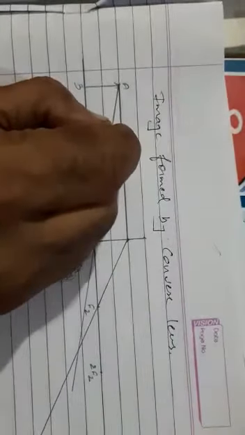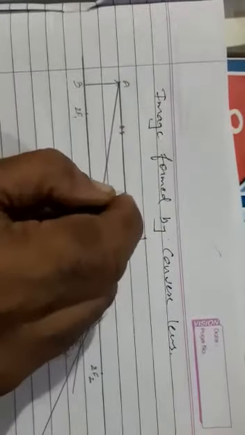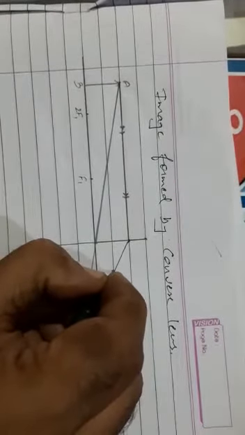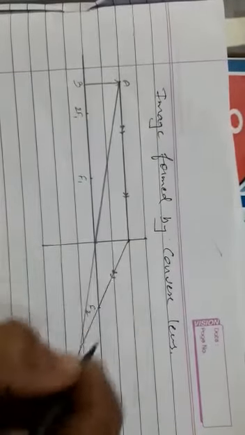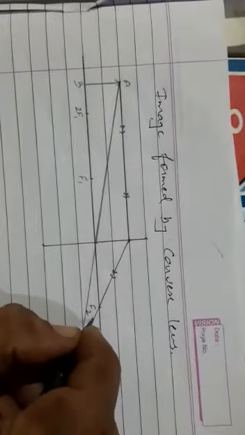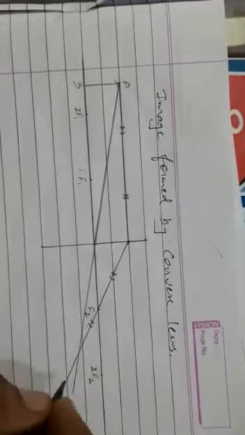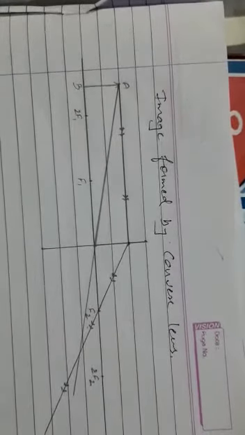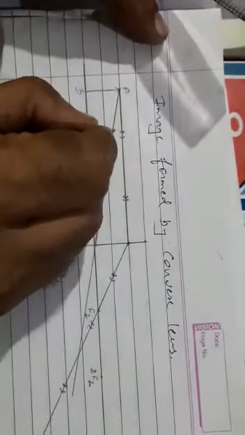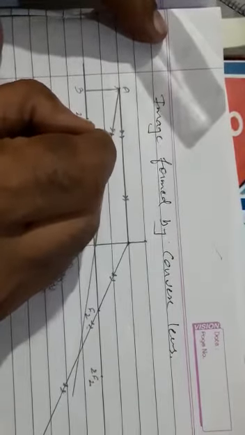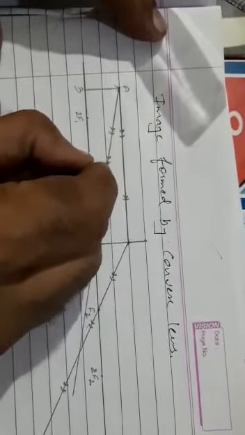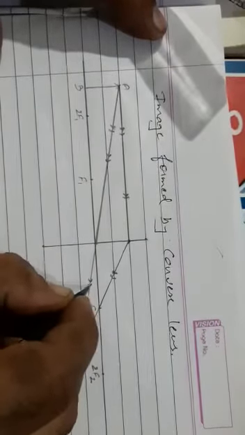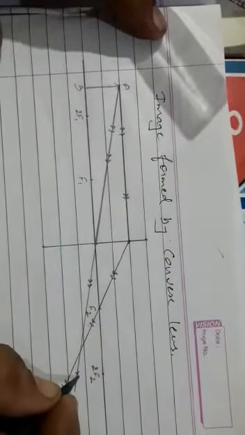This is the first ray which is passing from here and getting bent towards the focal point, and getting it here. So this is a ray which is going in this direction. Another ray going in this direction is passing through the pole, as usual, and going in this direction.